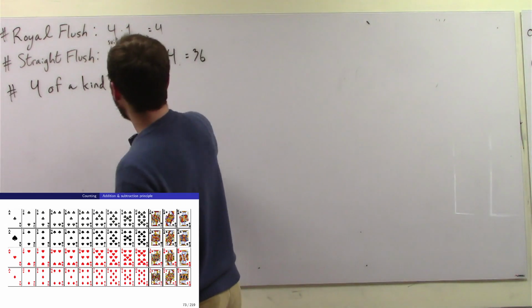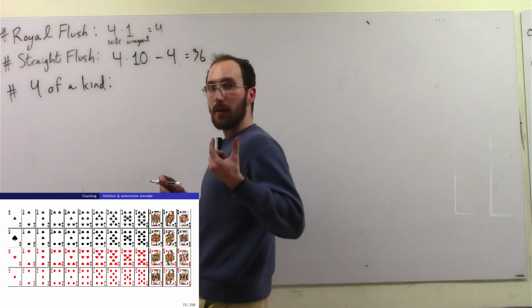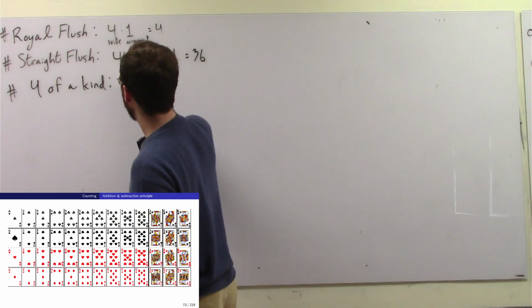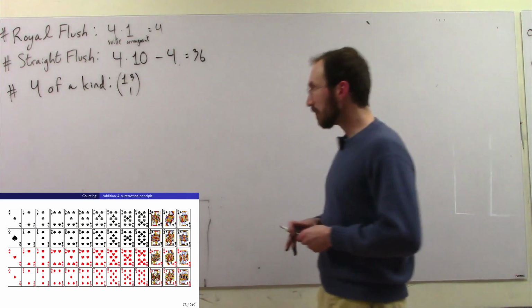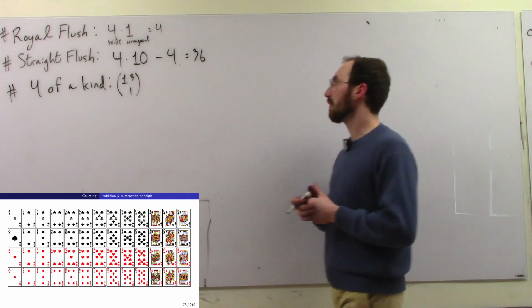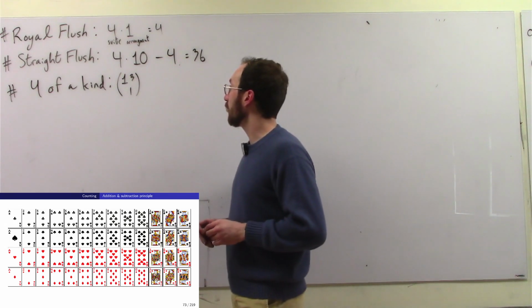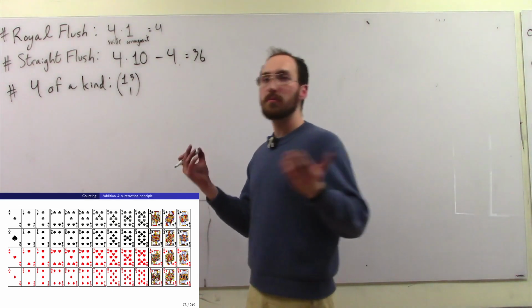So I'm choosing one rank out of my 13, and then we just get a 5th card.